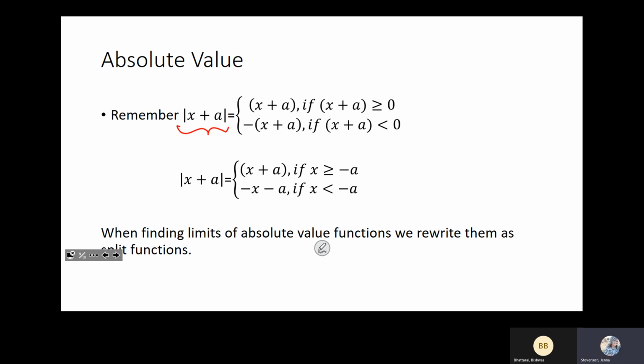Remember when we always split it up, we would have the positive one, and then this is the negative one. Okay, so let's say this is my graph, when I put this x minus a into absolute value, oh, this is a plus, so let me move this.